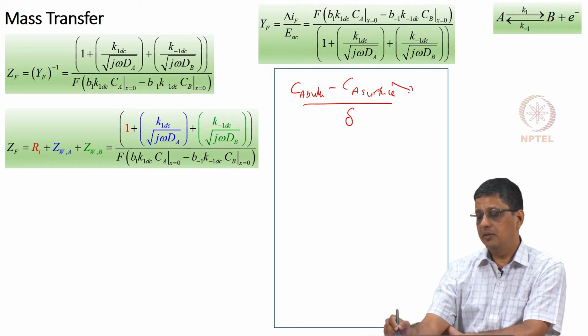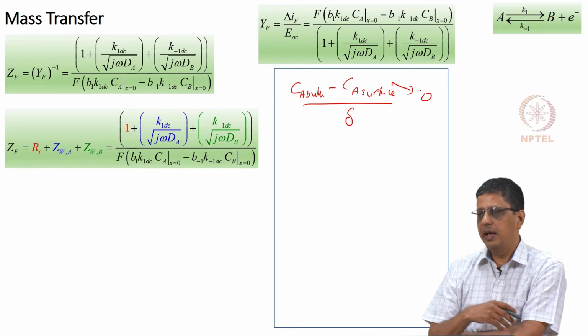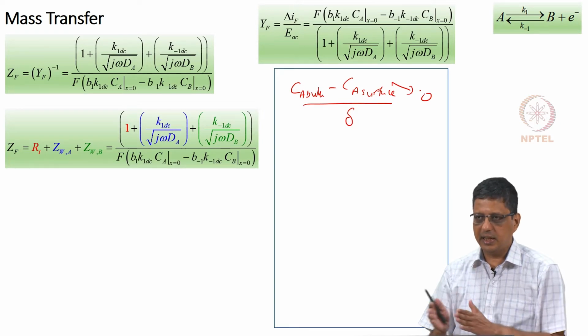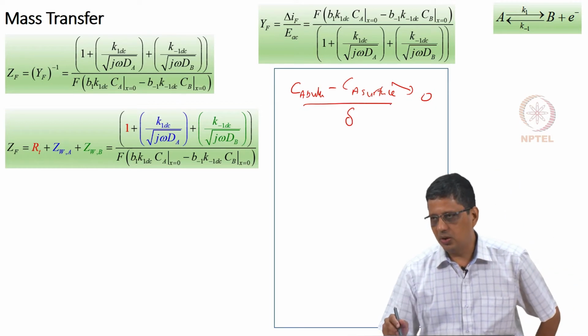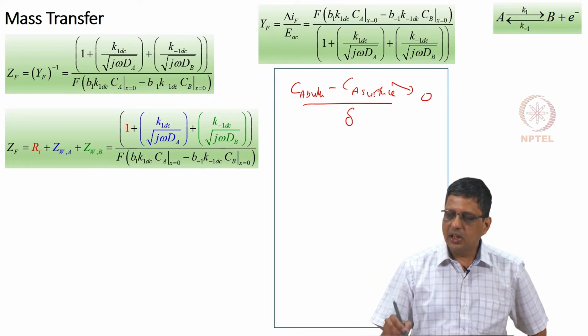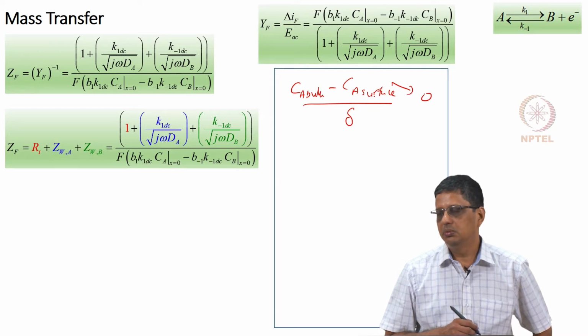and this will become, as you increase the EDC or as you increase the delta even in finite boundary layer thickness, this is going to become lower and lower value. The lowest it can go to is 0. Concentration of A cannot go below 0, concentration of any species cannot go below 0.